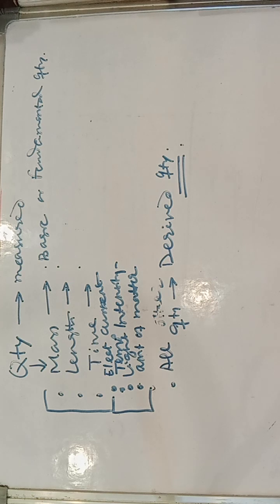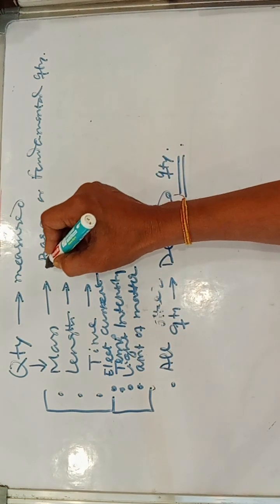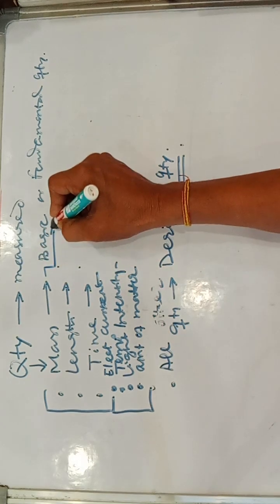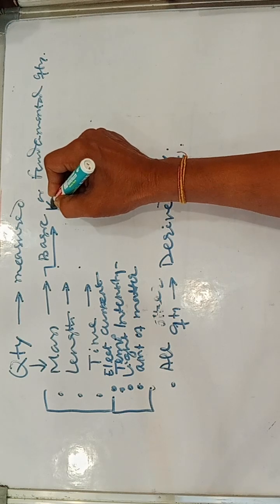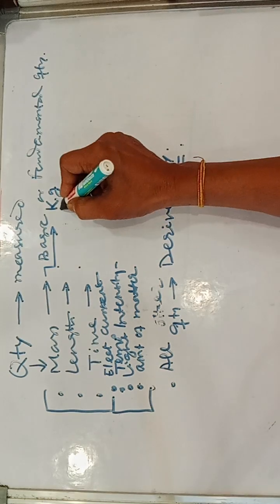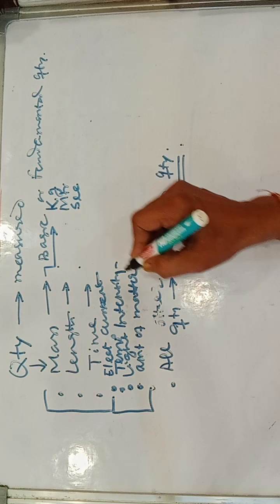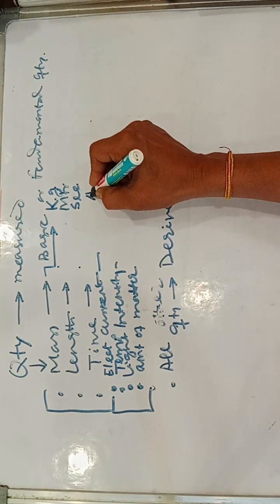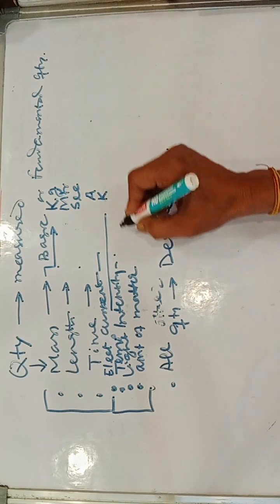Now, as per the kind of quantity, we have units. For mass the unit is kg, kilogram. For length it will be meter. For time it will be second. Electric current it will be ampere. Temperature will be Kelvin.